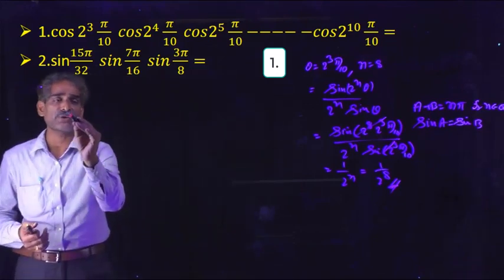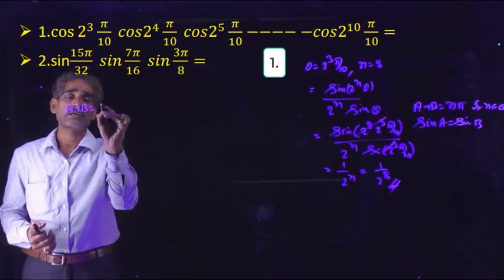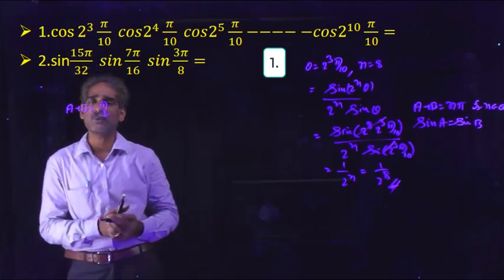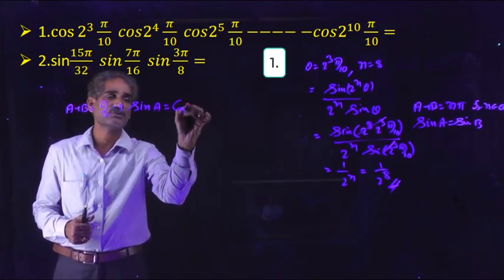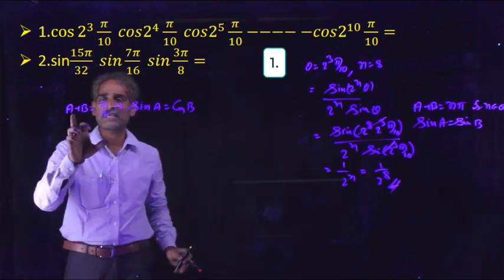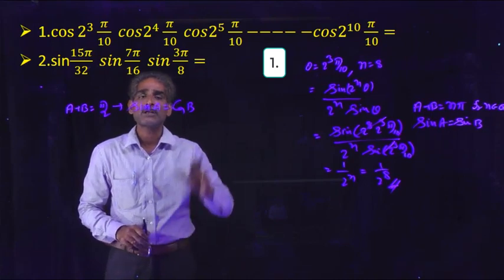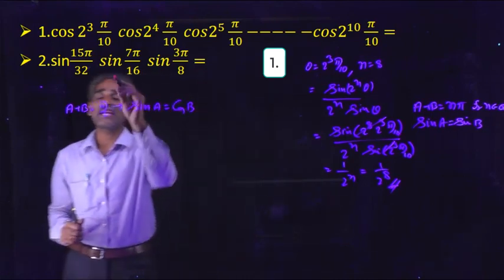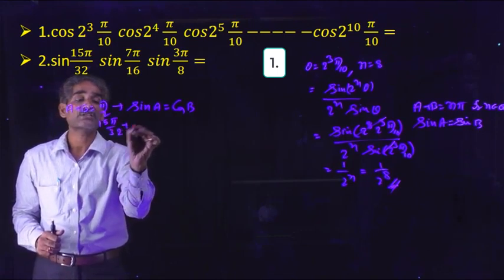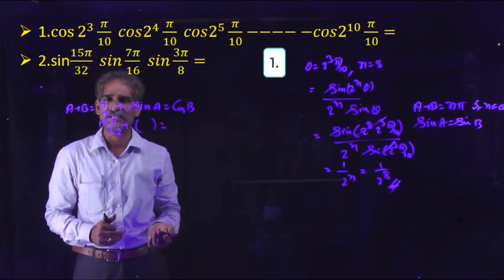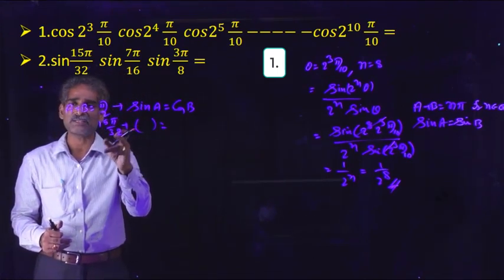Already we discussed: if a plus b is equal to 90 degrees or any odd multiple of 90, sin a is equal to cos b. Just remember it. Here if you take a equal to 90 minus b, sin of 90 minus b equals cos b. Okay, now observe these angles. The first angle is 15 pi by 32 plus how much is equal to a multiple of 90? 15 pi plus pi is 16 pi by 32, that is pi by 2.